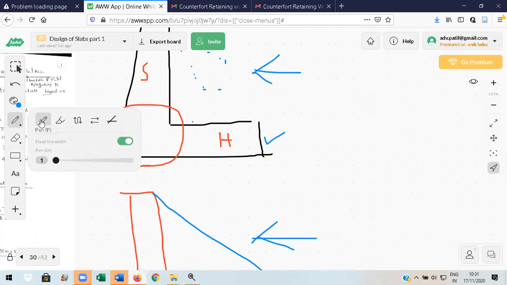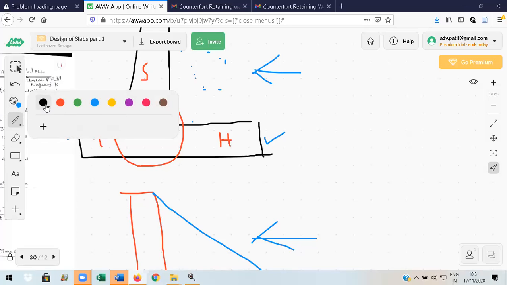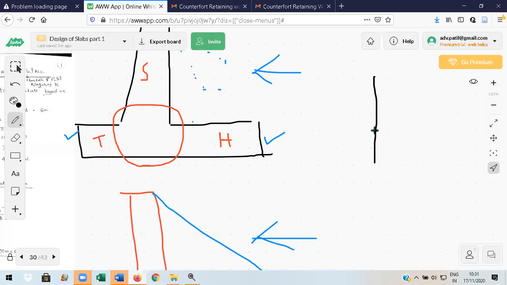Observe this figure. Just observe this. I'll draw a line diagram. I'll call this a stem. Two lines I have shown for a stem. Then I'll draw one horizontal line like this. Again, I'll show a very small thickness.